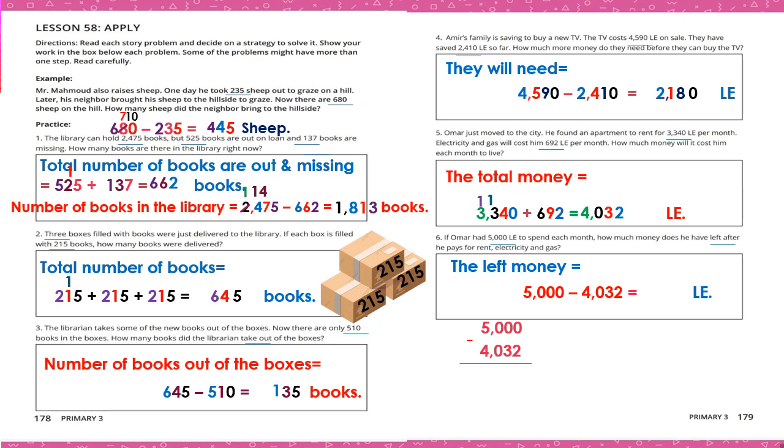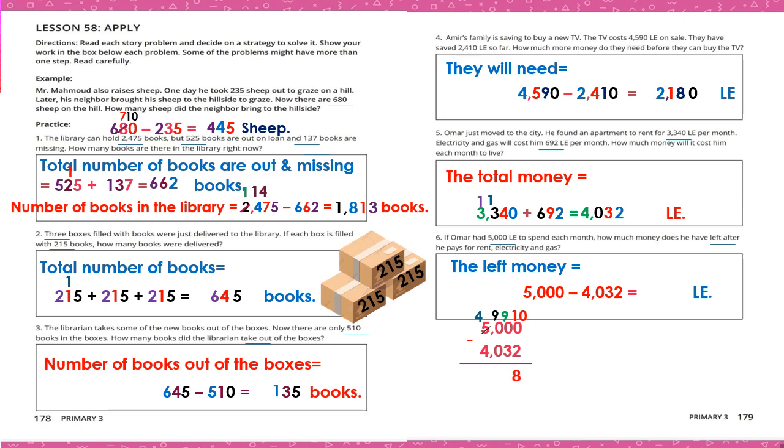No, I can't. So we will go to 5. 5 will be 4, and the 2 zeros in the middle will be 9, and the first 0 will be 10.